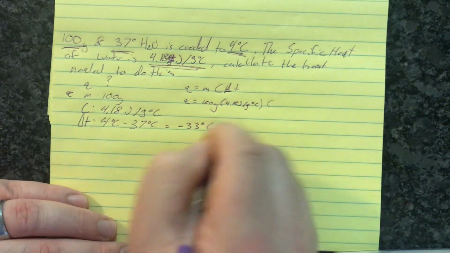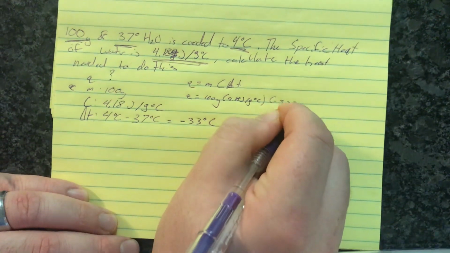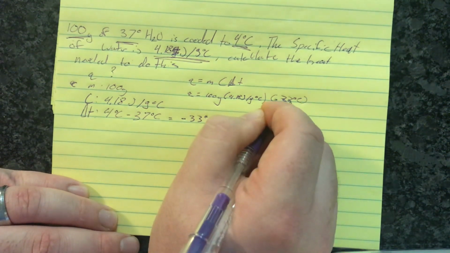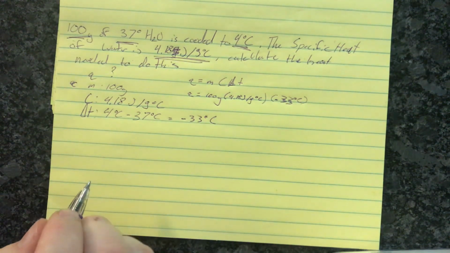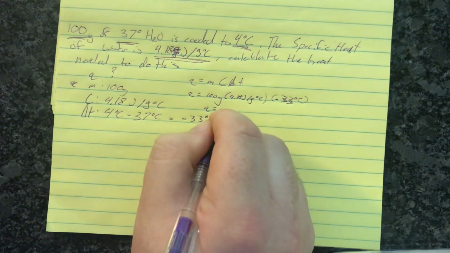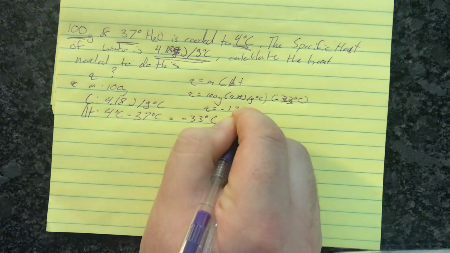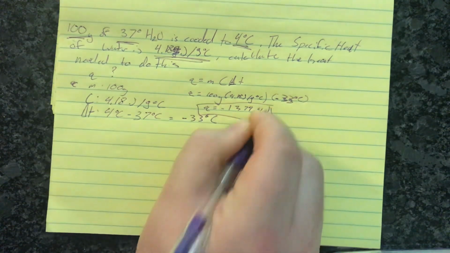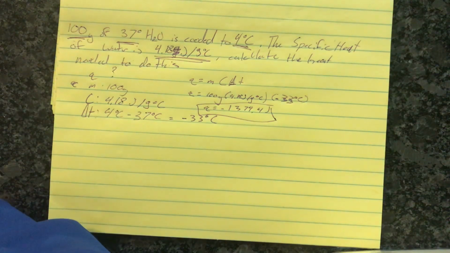And the temperature change is negative 33 degrees Celsius. Don't forget that negative sign. So our final answer is Q equals negative 1,379.4 joules. Again, it's just plugging the information given into the equation and plugging it into your calculator. Try not to make it any harder than that.